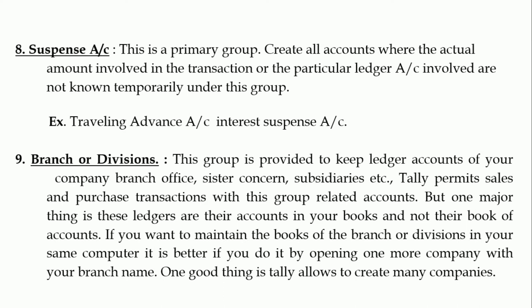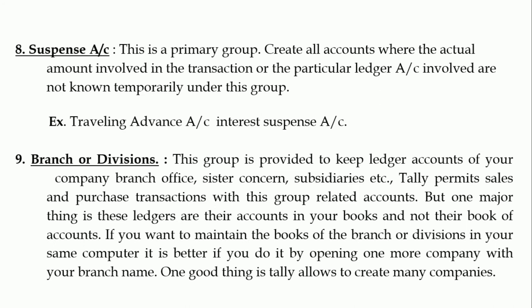Eighth primary group is suspense account. It is to create all accounts where the actual amount involved in the transaction or the particular ledger account involved are not known temporarily under this group. That means sometime we don't know the nature of transaction at this time. Temporarily, I can keep that ledger under suspense account.